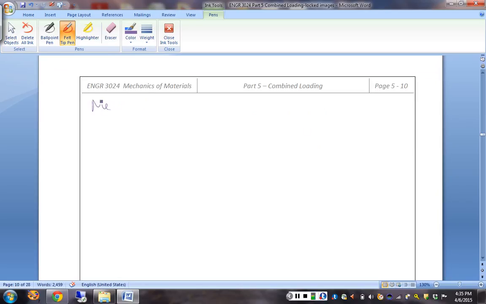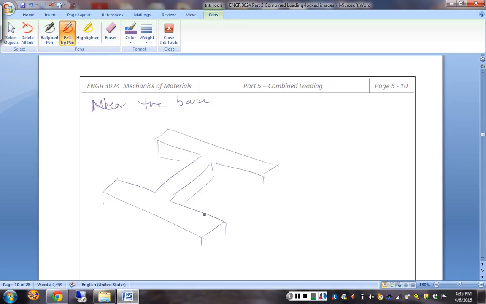So if we say near the base, what are our internal reactions? And I'm going to do my best to draw a sliced cross-section of my I-beam. That's not as bad as some have been. So what do we have going on if we have this section cut?